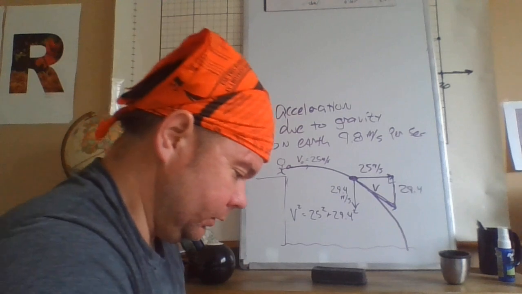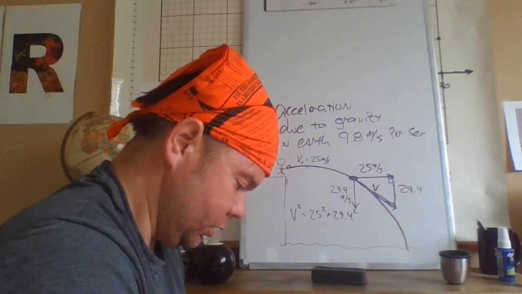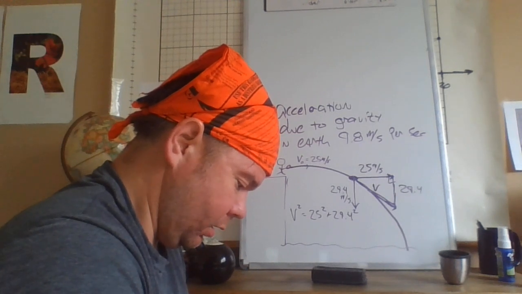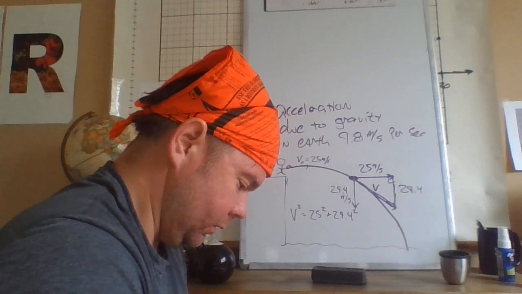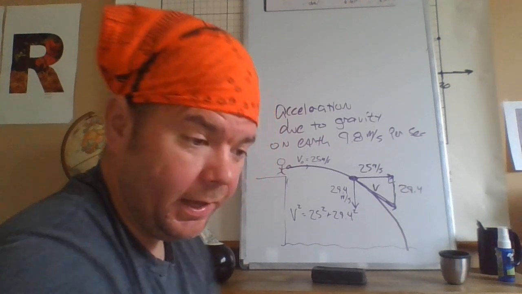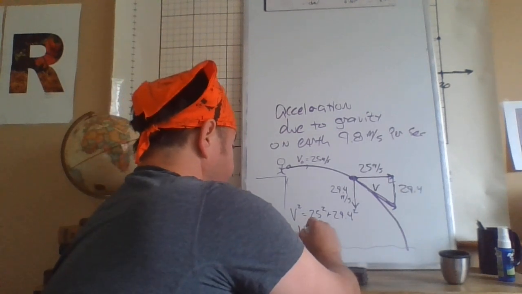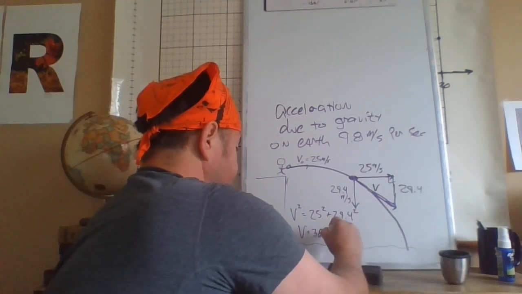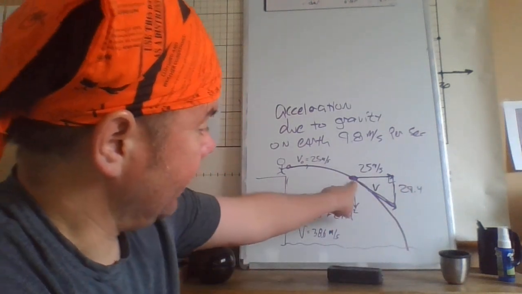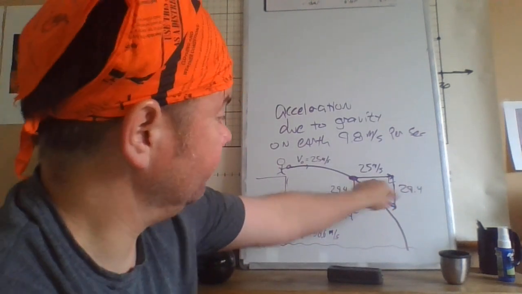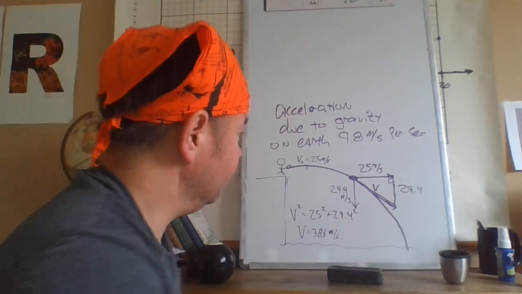That's going to come out to 25 squared plus 29.4 squared, and then take the square root. Boom, 38.6. So the overall velocity is 38.6 meters per second, which makes sense because the hypotenuse has always got to be greater than the two legs, and this is. So that seems reasonable.